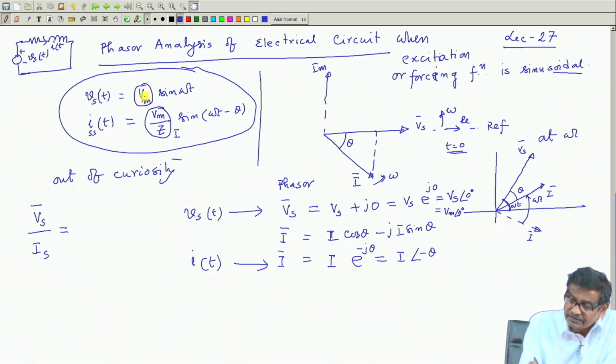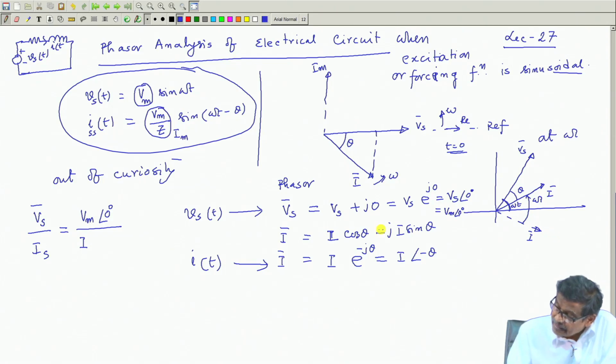Magnitudes of the phasors are the peak values, V m by Z. Therefore, this can be written as its magnitude with angle 0, divided by the magnitude of the current, suppose I m, the maximum value I m.